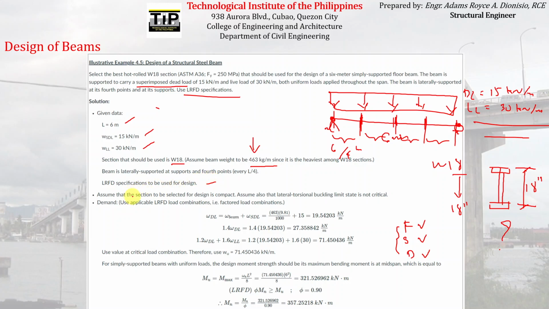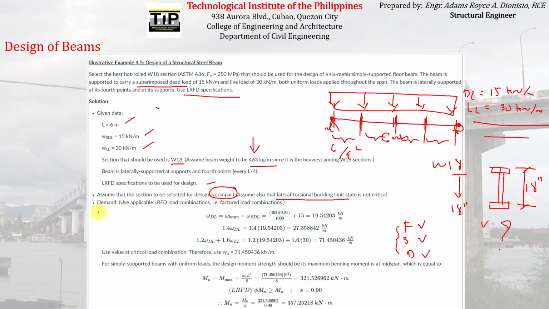So you can assume first that the section to be selected for design is compact for simplicity of design. Okay. So we can assume that the section is compact, meaning its flanges as well as web are compact. Assume also that the lateral torsional buckling limit state is not critical, meaning it doesn't have a tendency to exceed its yield stress or yield strength with respect to lateral torsional buckling.